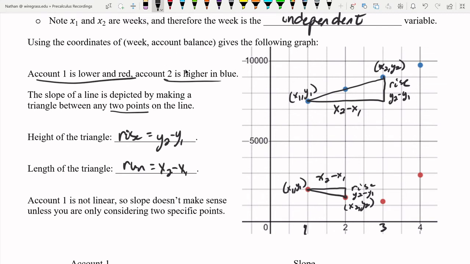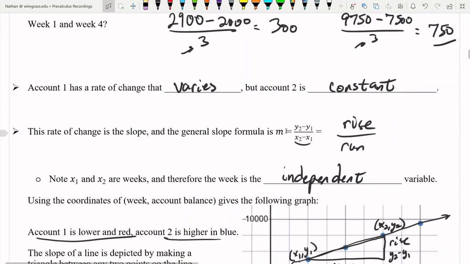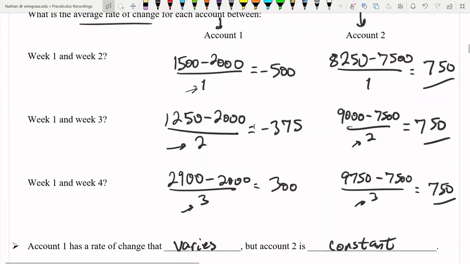For account 2, which was a linear function, we found the slope, and it was always 750. In fact, what I was doing before is finding the rise over run. That's all I was doing there. So you can see that account 2 is 750 each time. So we can say the slope of account 2, or the constant rate of change, is 750.